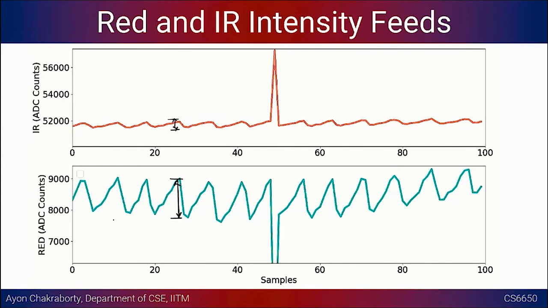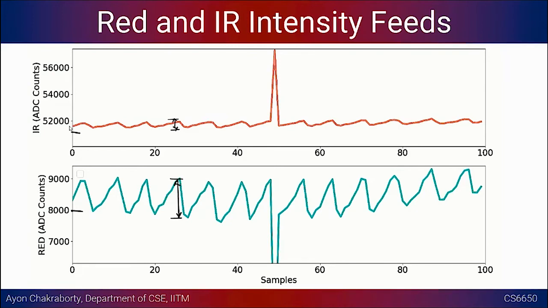If you see here, this is all 8,000 plus, whereas in this case, this is like 50,000 plus. You have to bring them all down by removing the DC component of the signal. In some later classes we can discuss that, and lots of filters are available, for example, Butterworth filter and all, but we can just go to some intuitive discussion about how to get rid of these DC components.